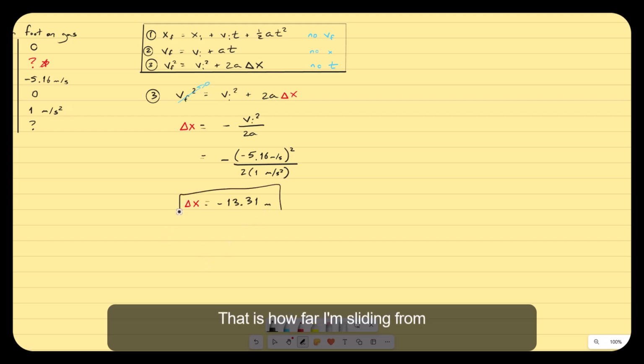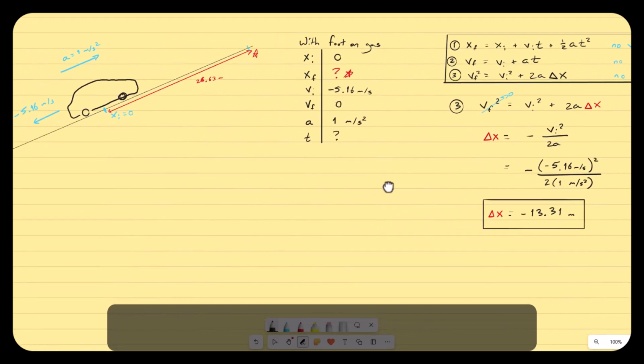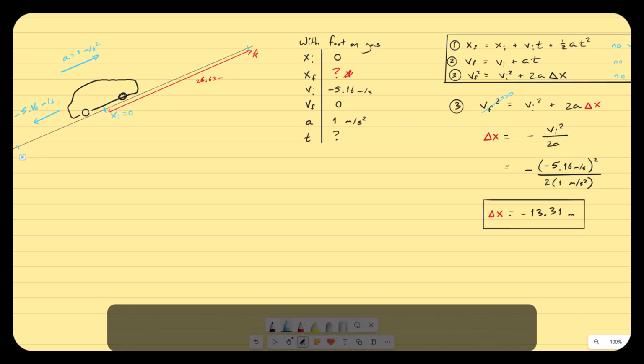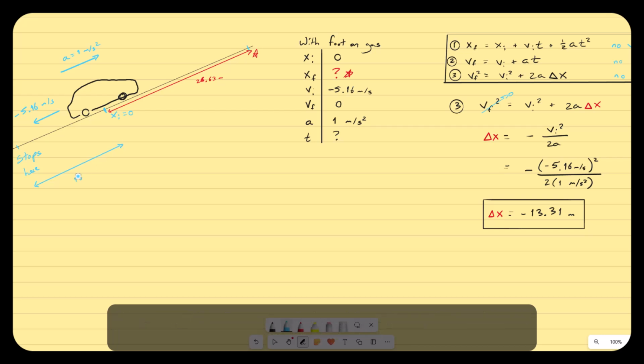That is how far I'm sliding from the time that I put my foot on the gas. If I go back here, that means my car is going to come to a stop. Gary's car. I guess we don't know it's Gary's car. He might just be trying to help someone out. It stops here. What we know is that this distance, that's what we just found, is 13.31 meters.